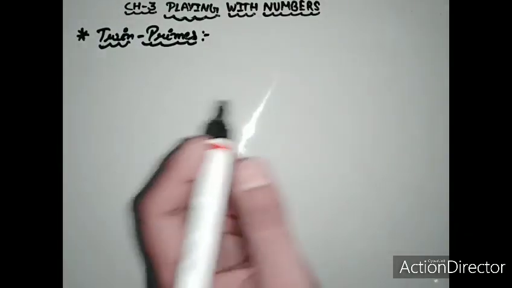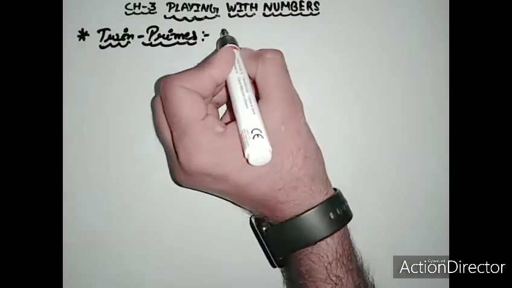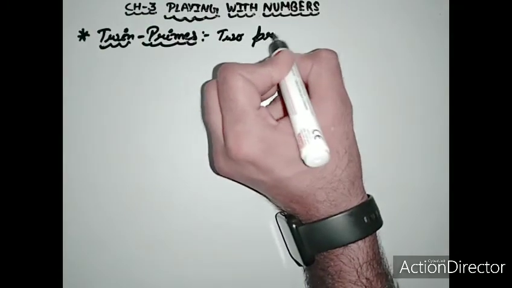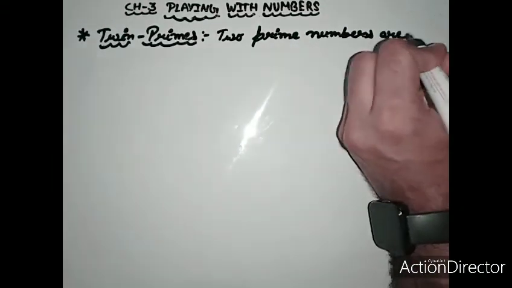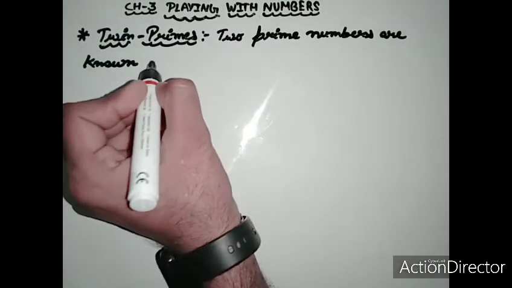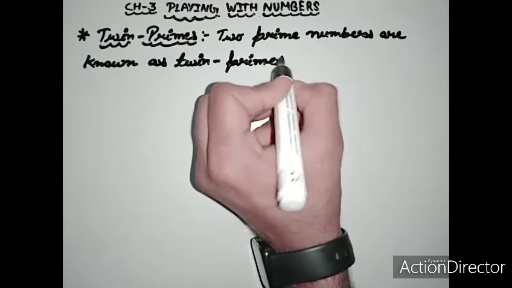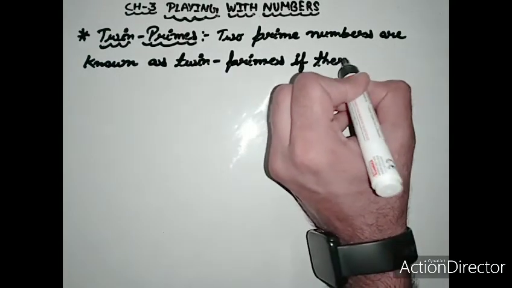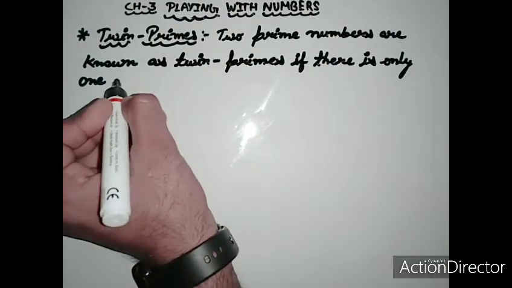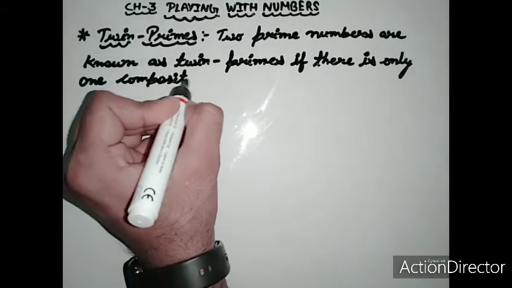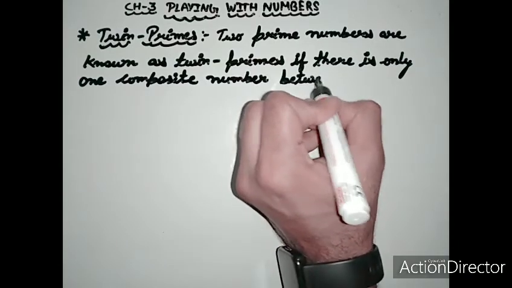Two prime numbers are known as twin primes if there is only one composite number between them.